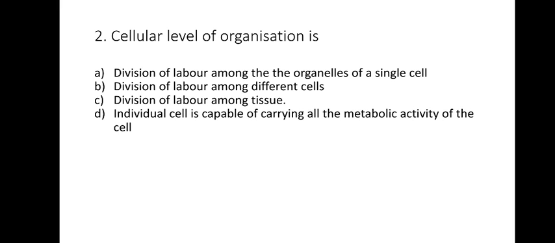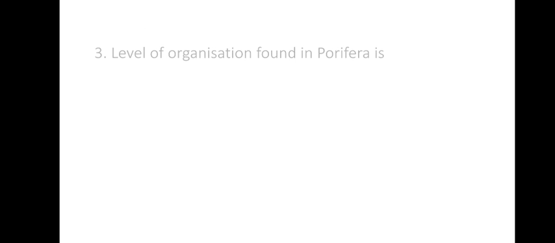Which of these is the correct answer? And the answer is B, division of labor among different cells. Pinacocytes, choanocytes, porocytes, and then there are fibroblasts. So they have different work to do. So this is seen in the case of Porifera.